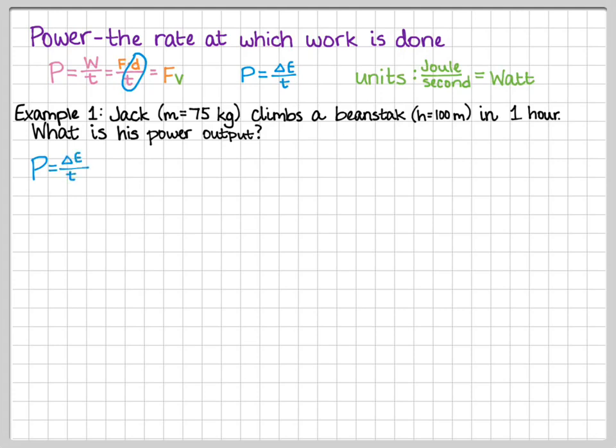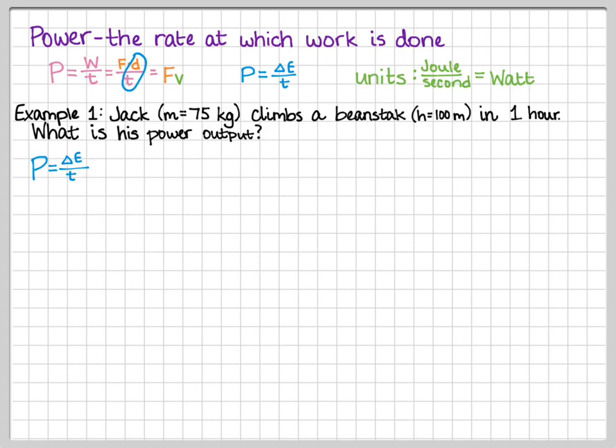So in this case, we don't really know about Jack's force per se. If he's climbing at a constant speed, then sure, his force is just going to be equal to his weight. But in a lot of problems where you're asked to solve for power, it's easier to approach it from, well, what was the change in energy of this system? What was the final energy? What was the starting energy?